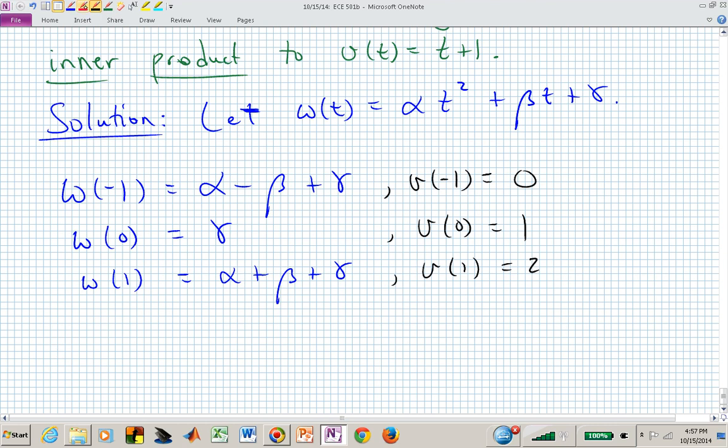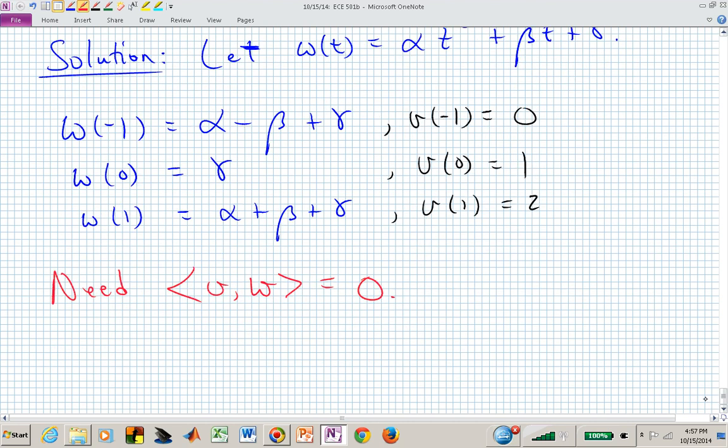And we actually need the inner product of V and W to be 0. So we can take V of minus 1, which is 0, and multiply that by alpha minus beta plus gamma, plus 1 times gamma, plus 2 times alpha plus beta plus gamma.